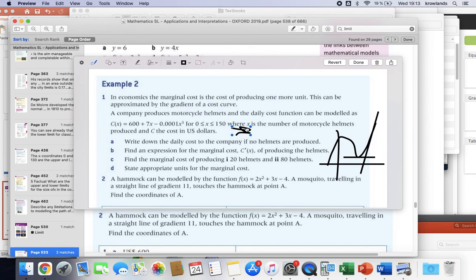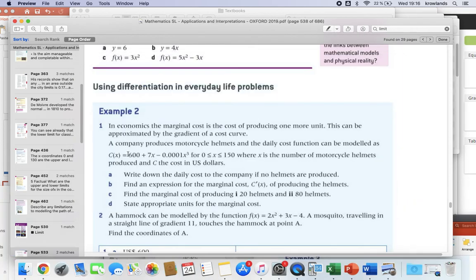It says x is the number of helmets. So when no helmets are produced, all you need to do is take this function and replace the variable which represents helmets, which happens to be x, with 0.